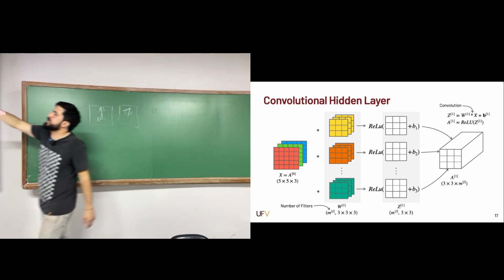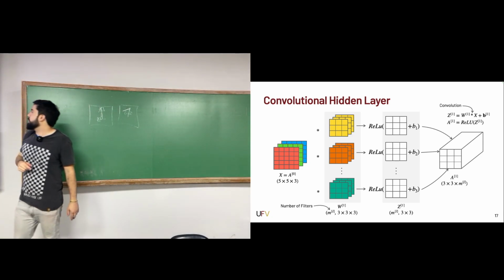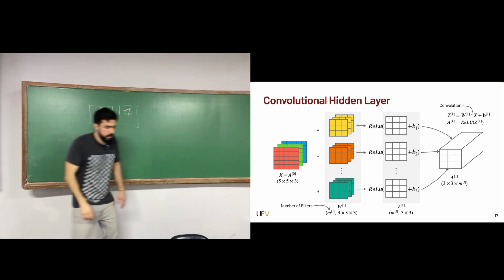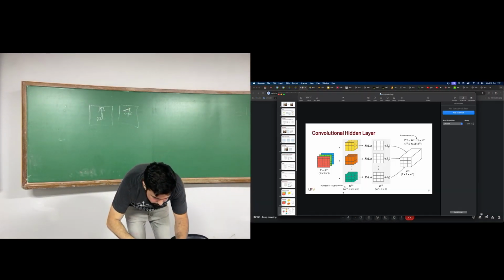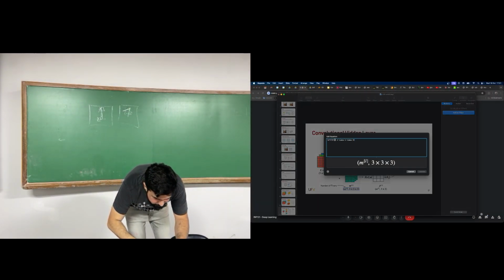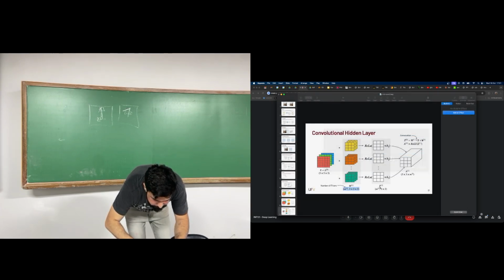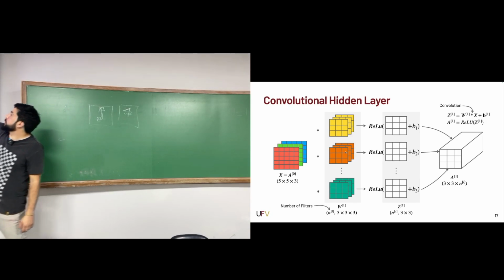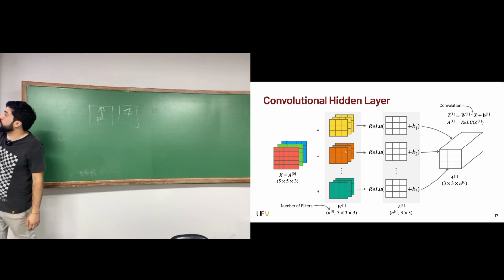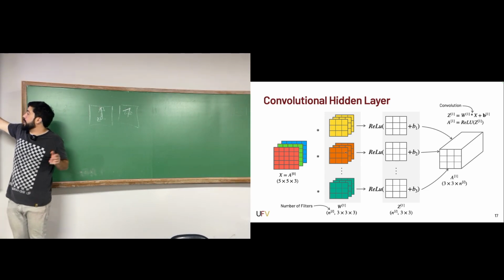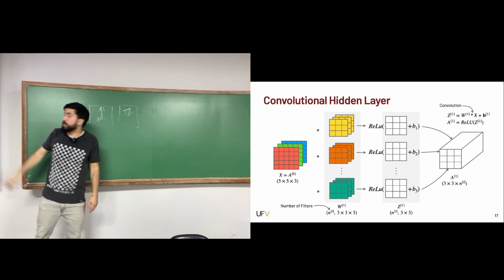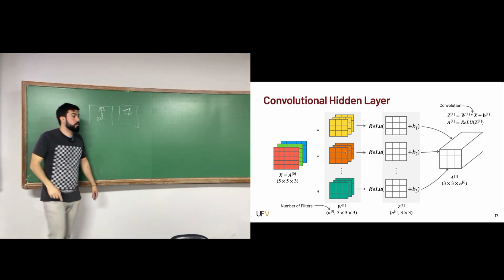So if your hidden layer had 10, sorry, this should be NL. But basically, I'm going to apply the ReLU for each of these filter results, sum with the bias term, and stack the results back into a volume, which is my activation.